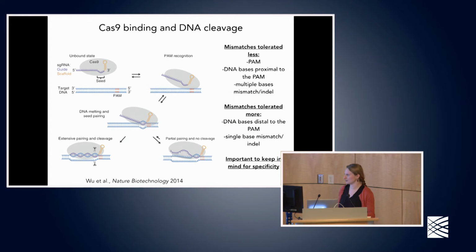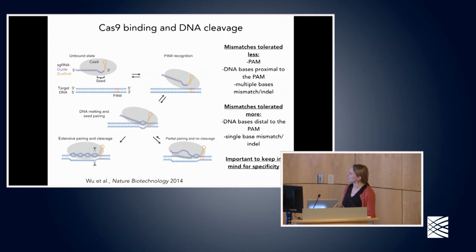The first thing that the enzyme with its guide does is that it recognizes the PAM and binds to it. And then it starts to undergo DNA melting proximal to the PAM and then outward. If there is extensive pairing, DNA cleavage occurs. If there is just partial pairing, or there are multiple mismatches, there's no DNA cleavage. And so again, this directly relates to specificity.